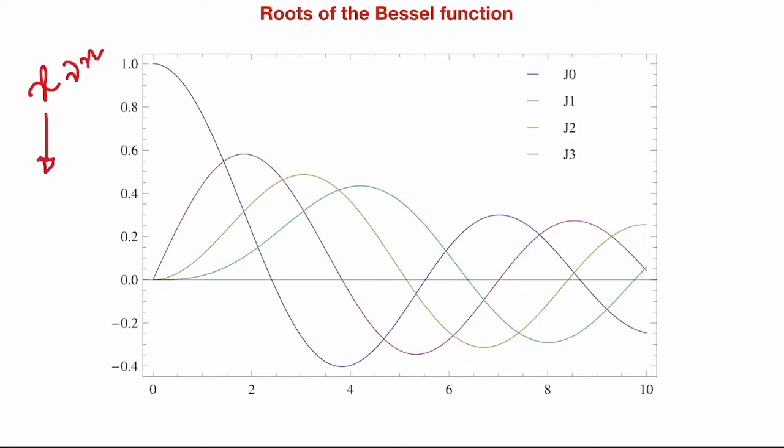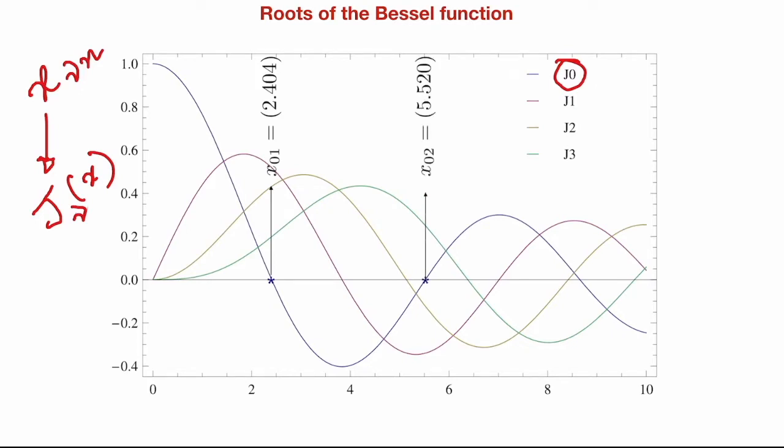That is, the nth root of the function J nu of x is denoted by x nu n. Let's first look at the roots of J0, that is, x0n's. The x01 is the first root, which is around 2.404. That is the first root of the Bessel function of order 0.